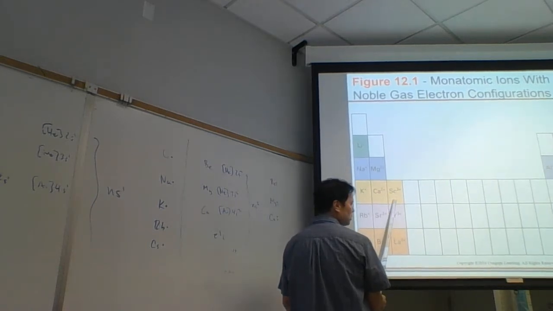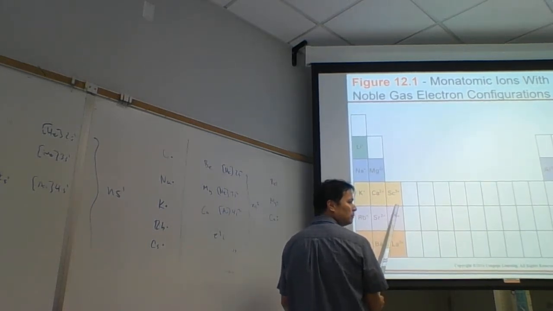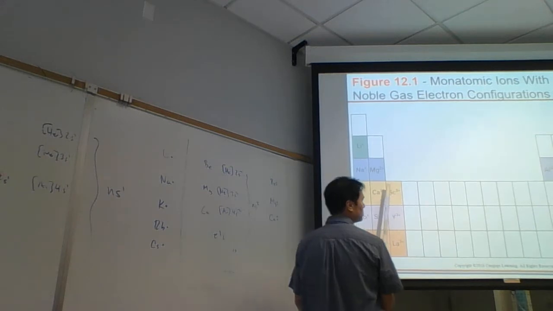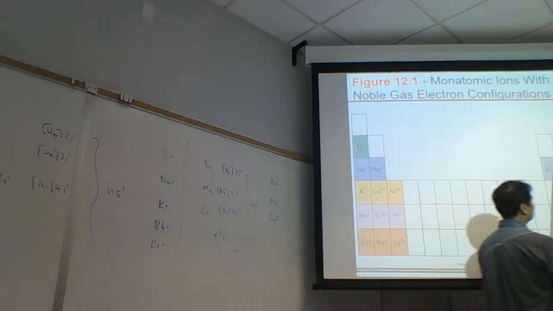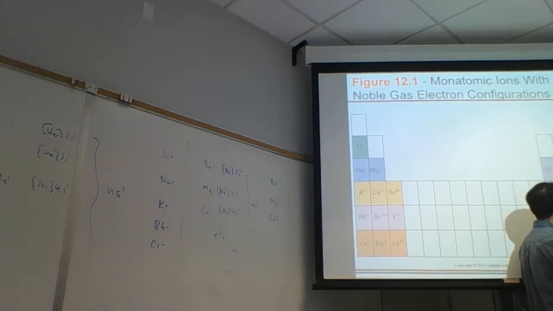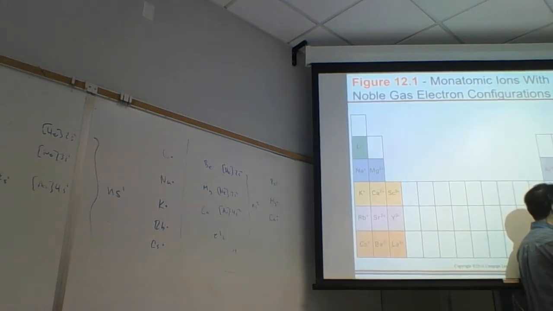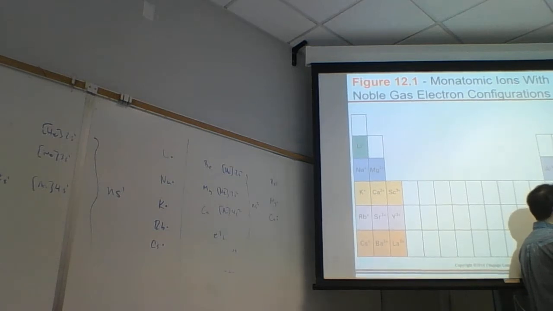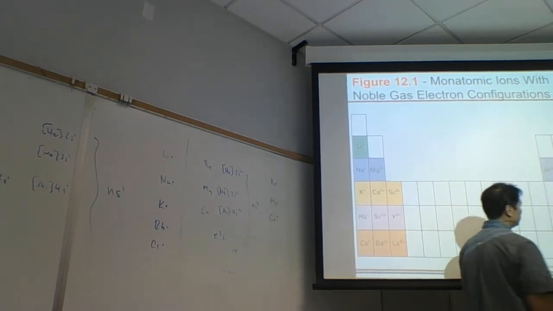Now, scandium's tricky. Did I talk about scandium? We'll skip scandium for now. Over here we have 3 valence electrons, 4 valence electrons, 5 valence electrons, 6 valence electrons, 7 valence electrons, 8 valence electrons. 8 valence electrons would be a filled octet.